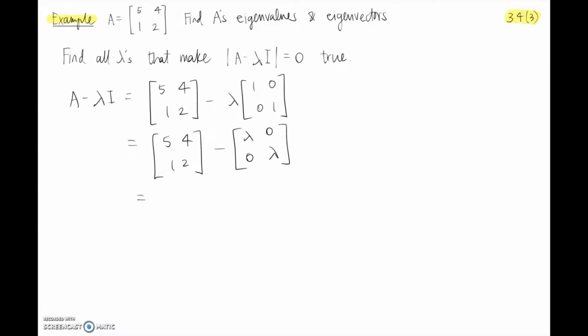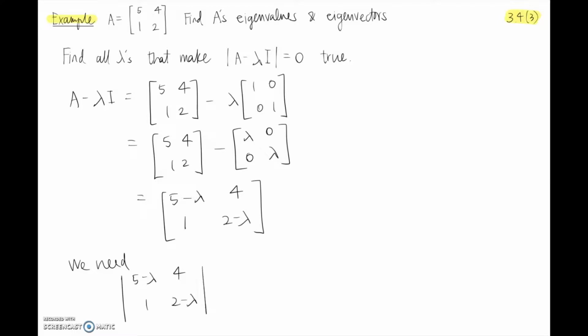And I can put this in one matrix. So this is 5 minus lambda, 4 minus 0 is 4, 1 minus 0 is 1, and then 2 minus lambda. Okay, that's the matrix, and I need its determinant. So we need the determinant of 5 minus lambda, 4, 1, 2 minus lambda to equal 0.